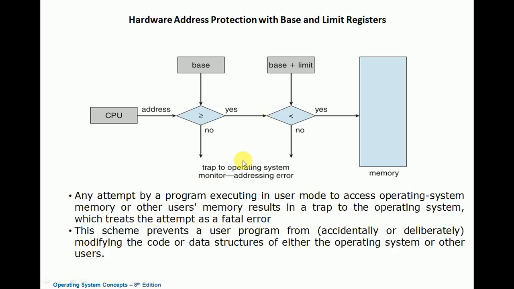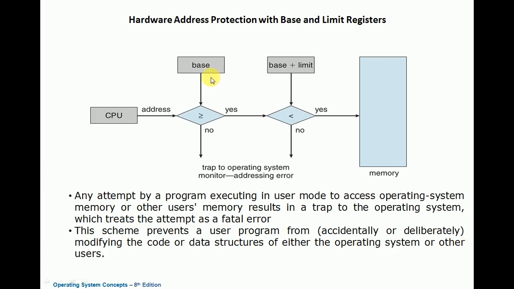If you look at the diagram here, the CPU is generating addresses, which are called logical addresses. The address which is generated by the CPU is called a logical address. In the previous diagram we already learnt about the base register, which holds the starting address of the memory where the program or process is kept.